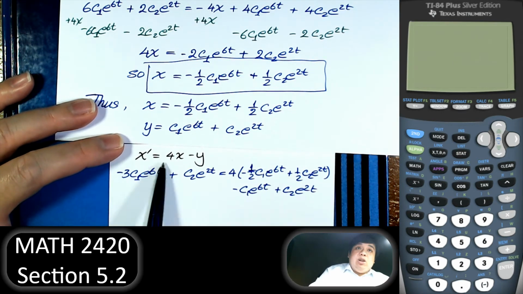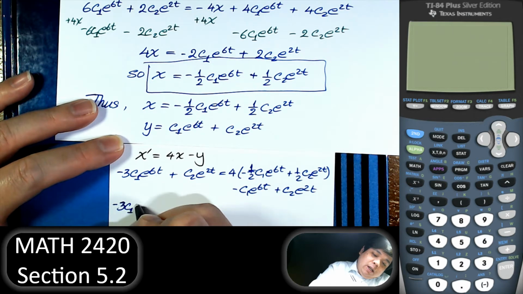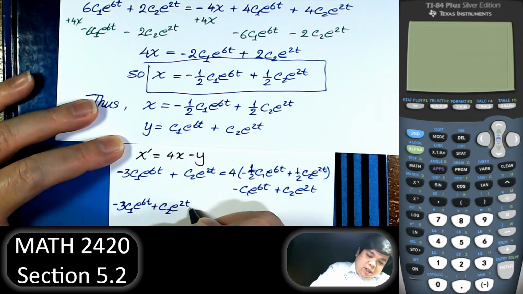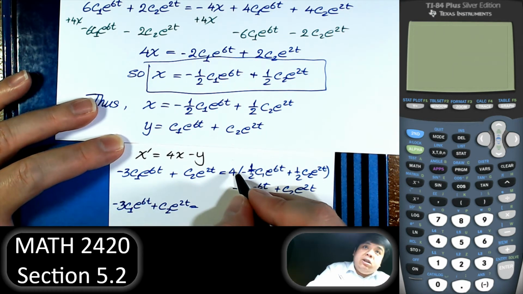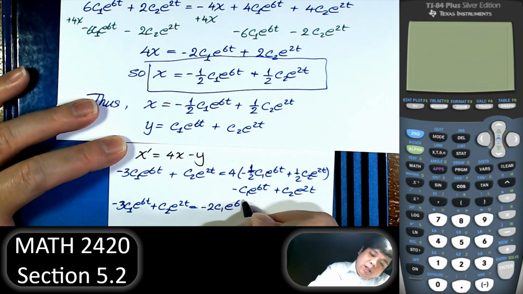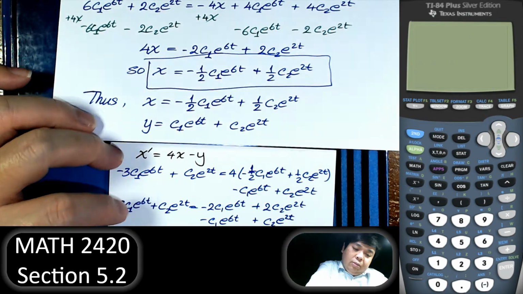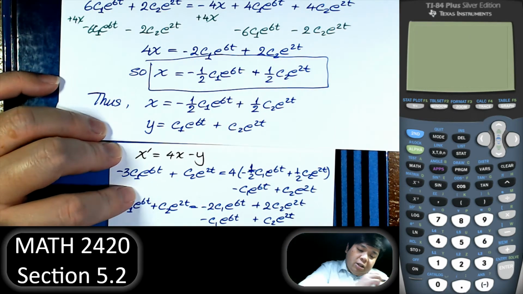Yeah, just substitute into this equation, make sure it actually works. Negative 3c1 e to the 6t plus c2 e to the 2t; multiply this out, that's negative 2c1 e to the 6t and plus 2c2 e to the 2t, minus c1 e to the 6t plus c2 e to the 2t. Wait, this is minus y, right?